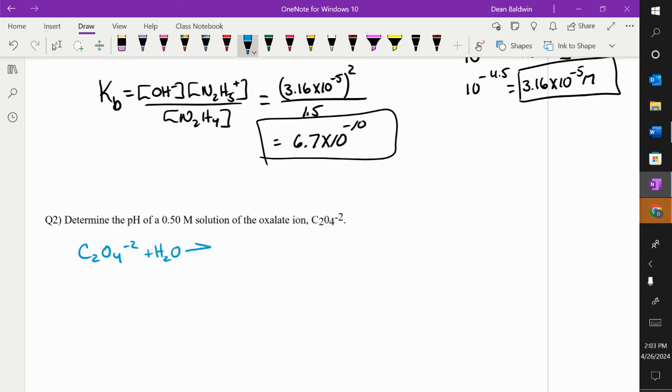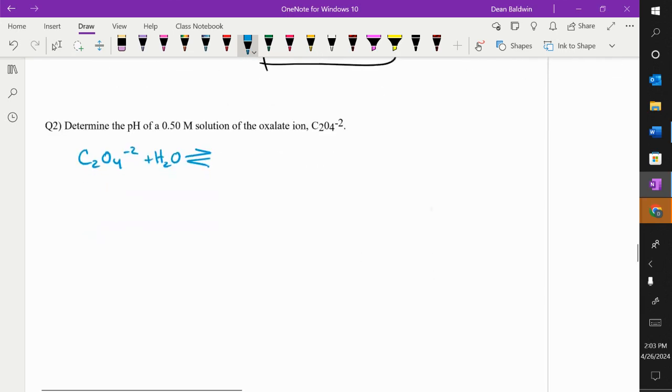We put it in water. What is the only thing that this ion can do? Accept a proton. It has no protons to give. The only thing it can do is accept a proton. It drops the charge by 1, and we get OH minus.